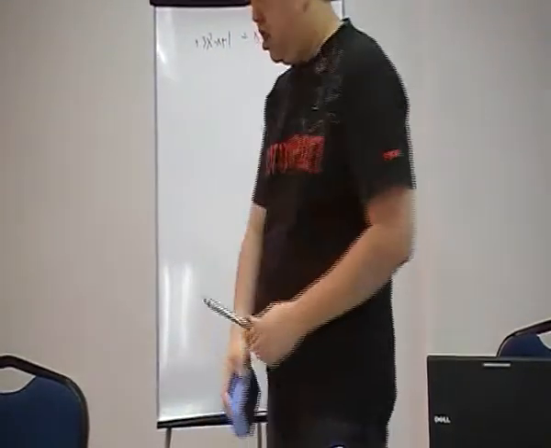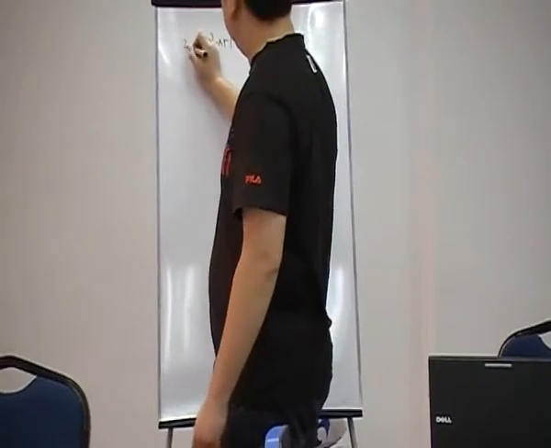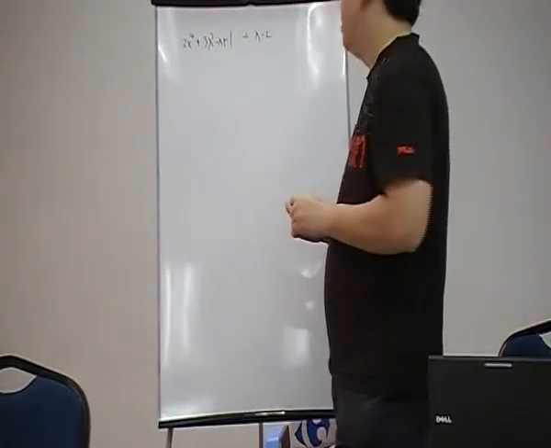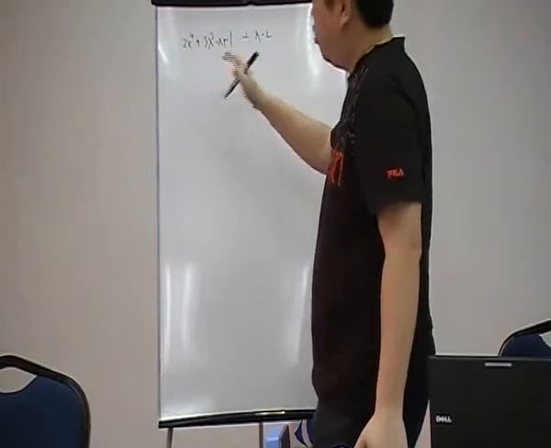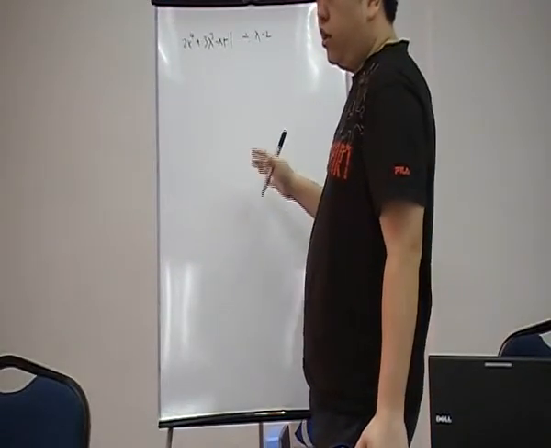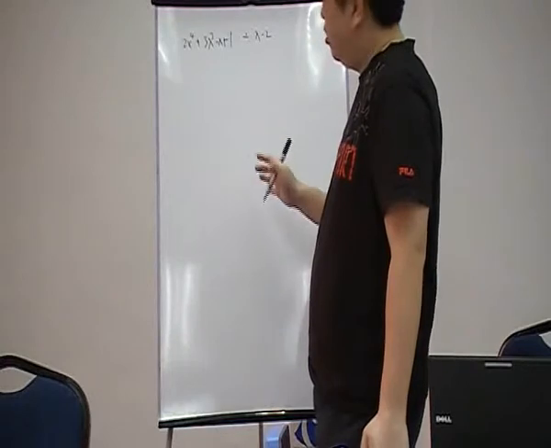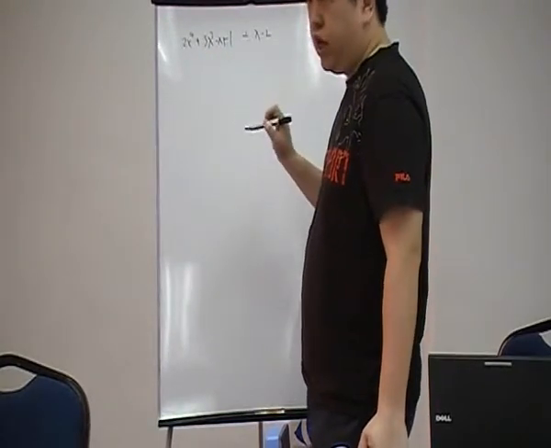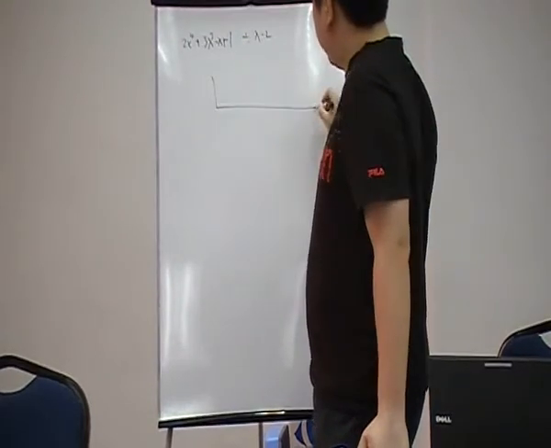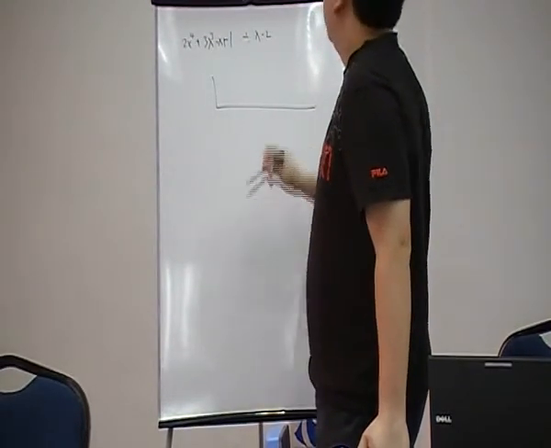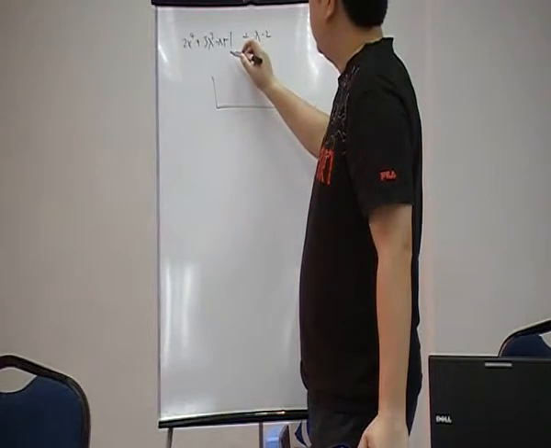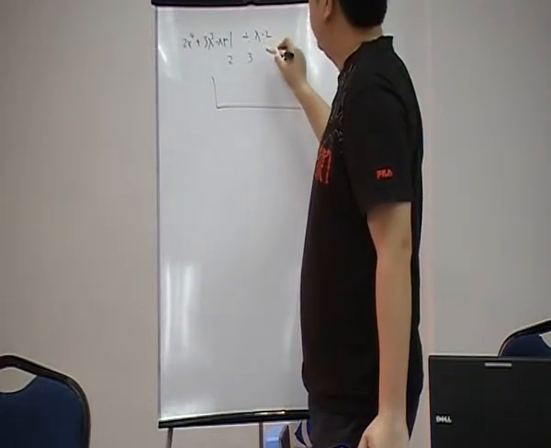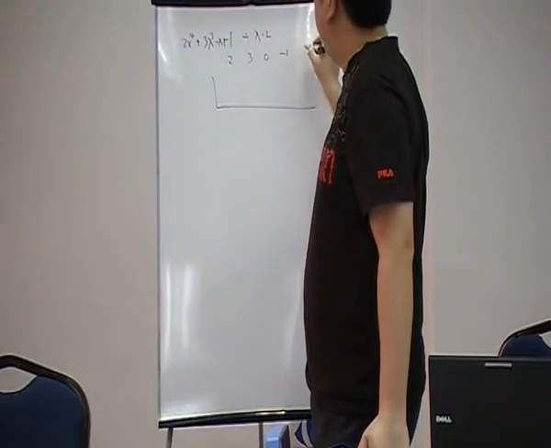2x to the power of 4, right? So how to do synthetic division? These are the steps. The first step is to write out the coefficients only of all the terms. Leave space or you can add 0 in between. We use a reverse L shape. It's nothing to do with finding the LCM. So you get 2, 3, 0, minus 1, and 1.